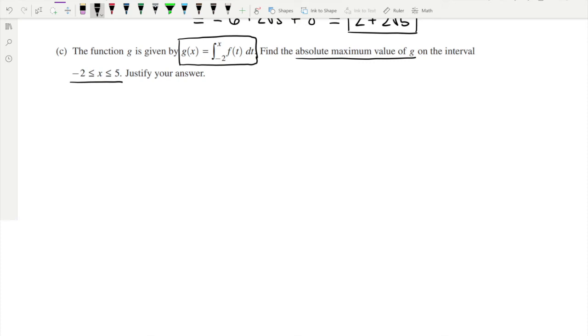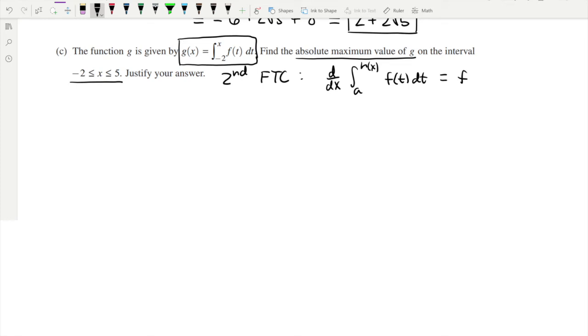And this should be sending off bells in your head about the second fundamental theorem of calculus, which says, let's recall, that if you take the derivative of an integral from any number to some other function, maybe I'll call it h, of f of t dt, then this derivative of the integral, integration and derivatives are kind of inverse functions, so they should in some sense undo each other, and they do.